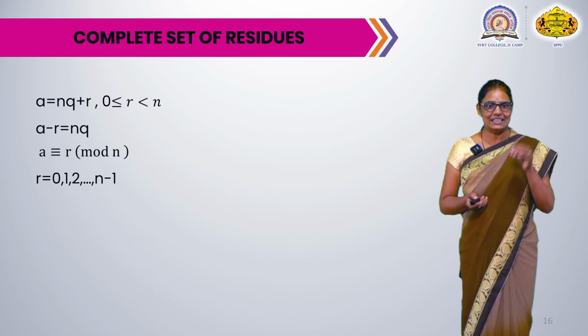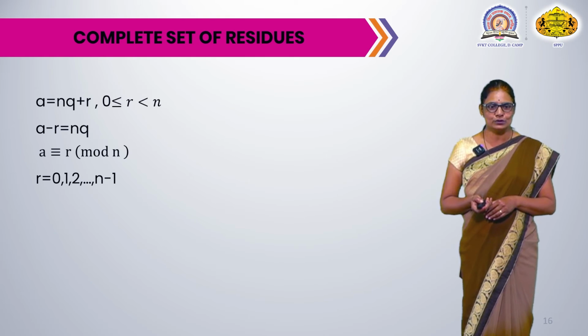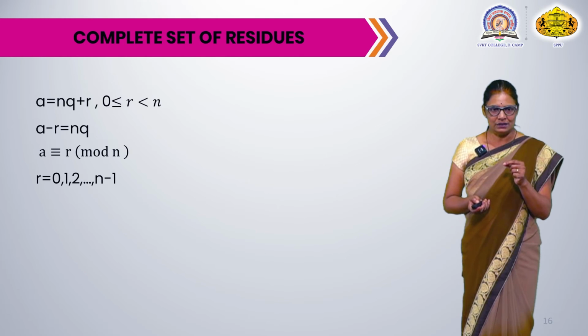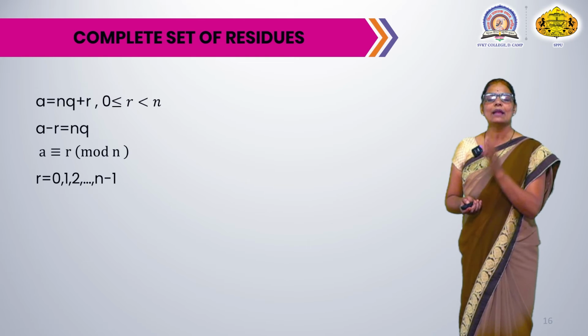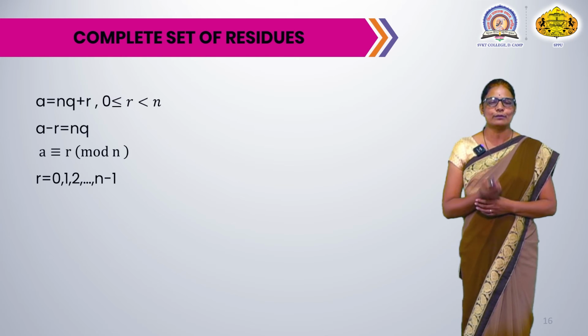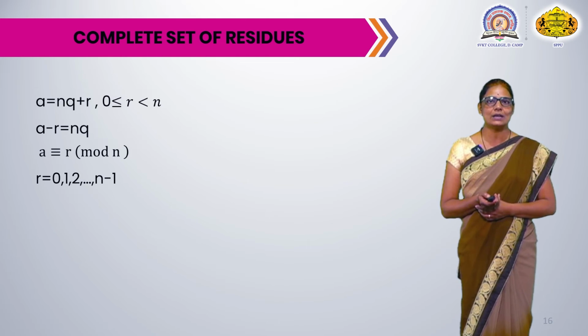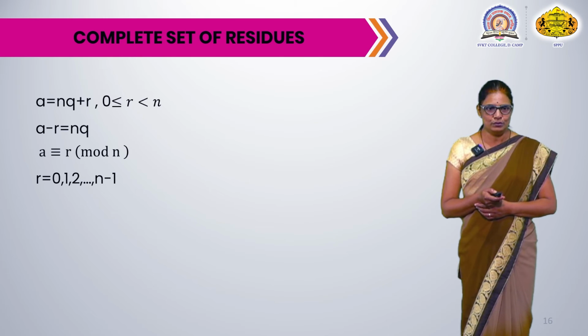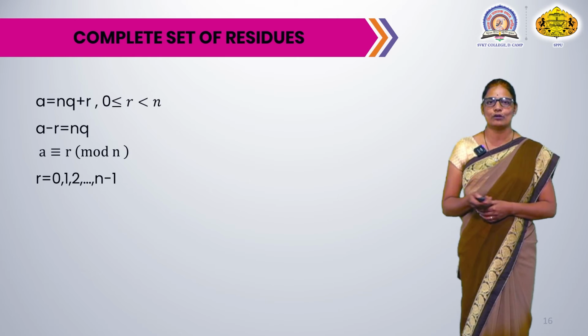So the integer a is congruent to r modulo n for some unique value of r from 0 to n minus 1. From this we can say that every integer a is congruent to one of the integers 0 to n minus 1 modulo n.